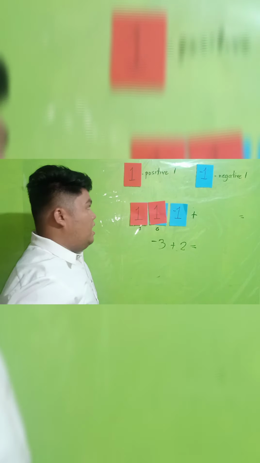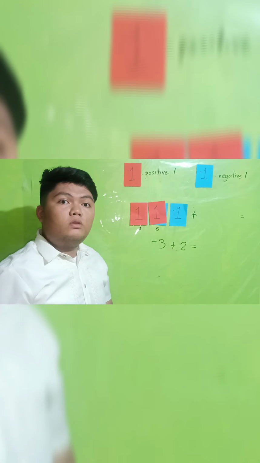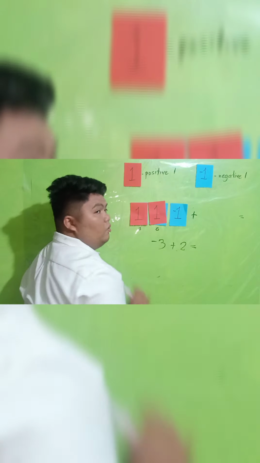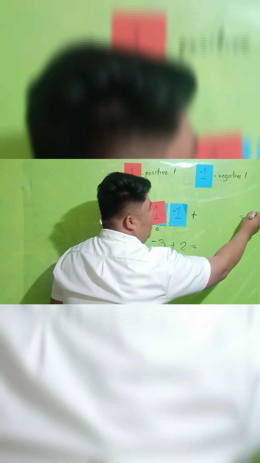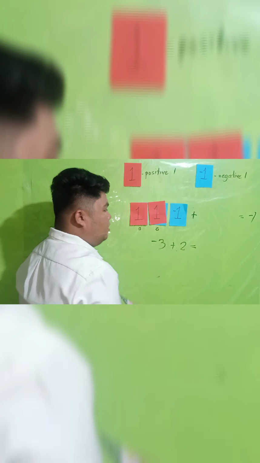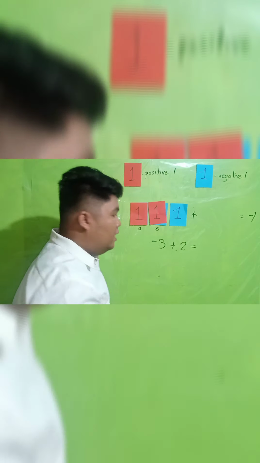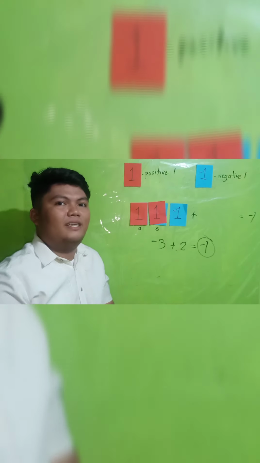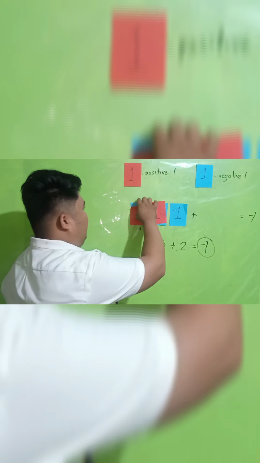What is left is one blue tile. So therefore, this is equivalent to negative 1. So negative 3 plus positive 2 is equivalent to negative 1. Did you get that? Okay.